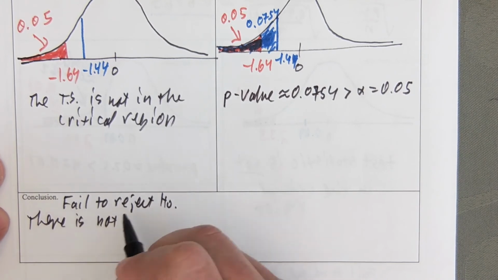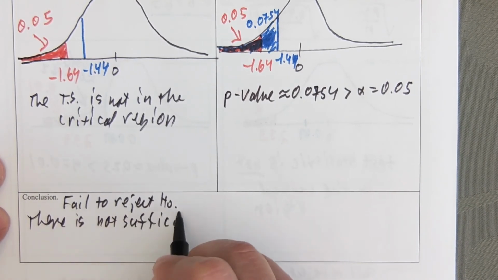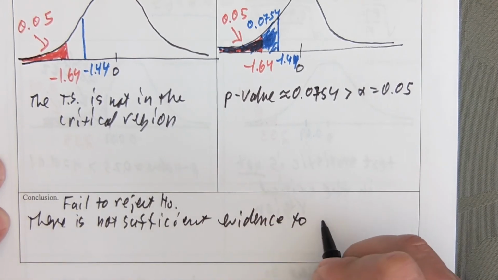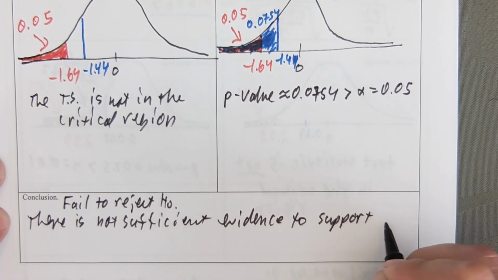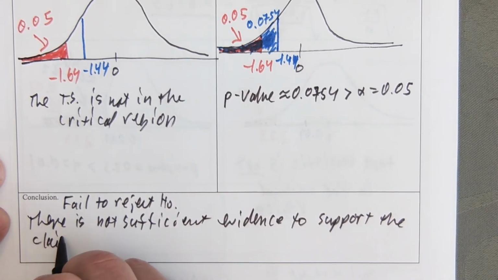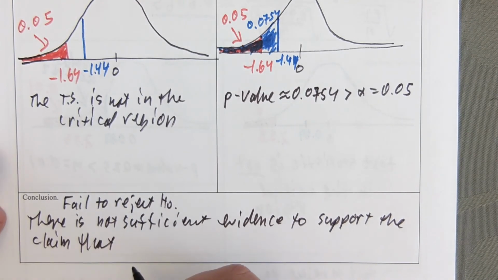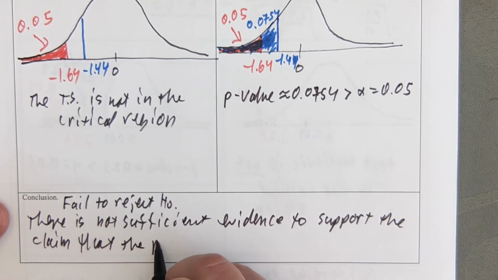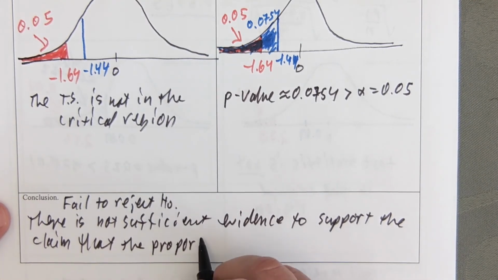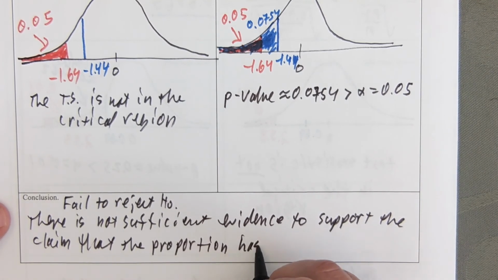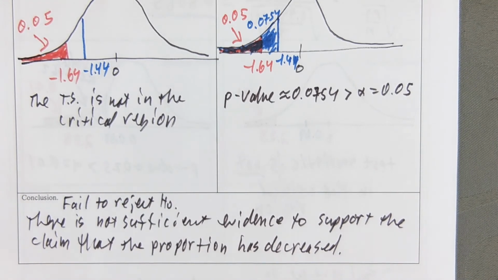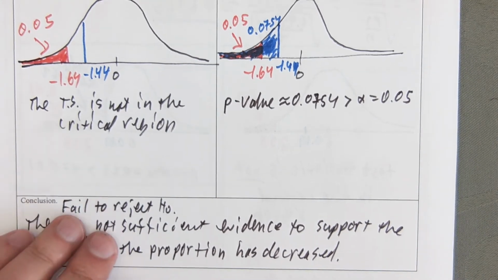There is not sufficient evidence to support the claim that the proportion has decreased. I know it seems like a lot of writing, and it is a lot of writing.